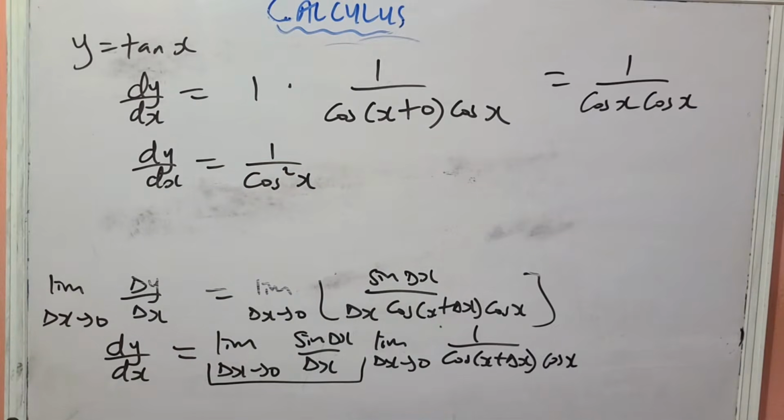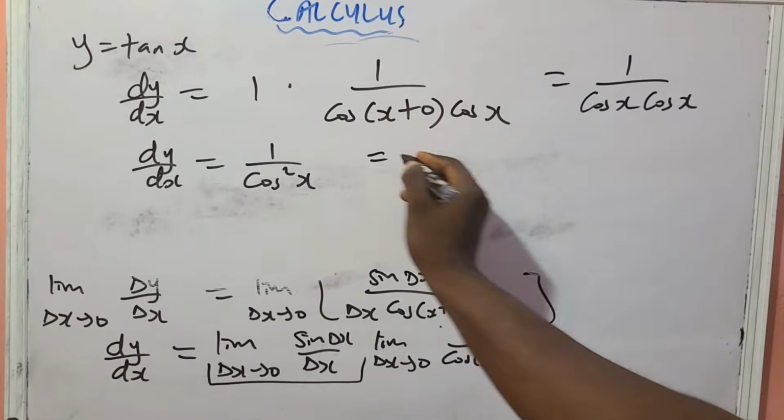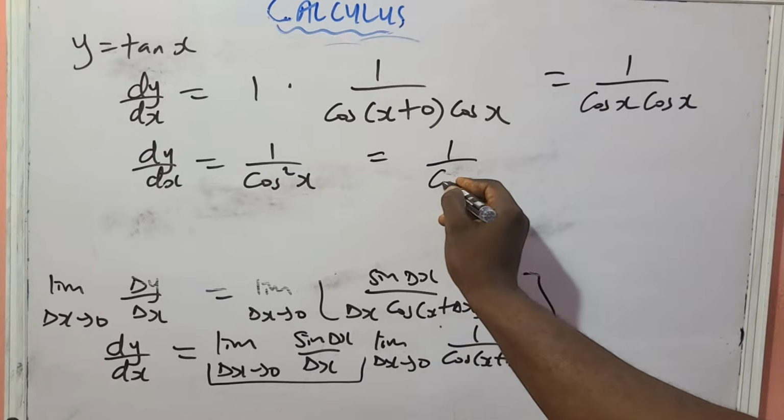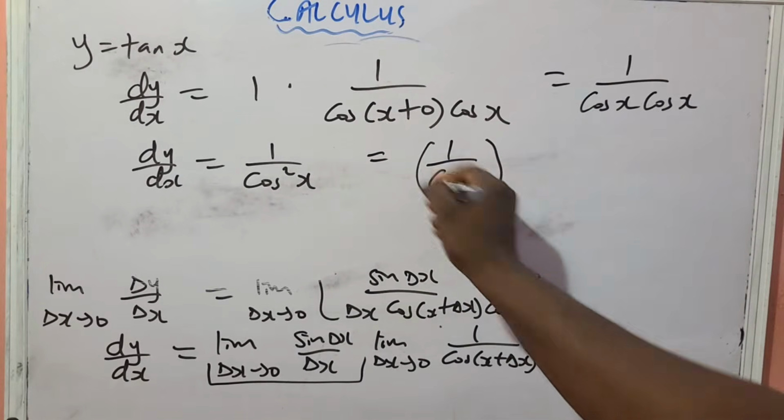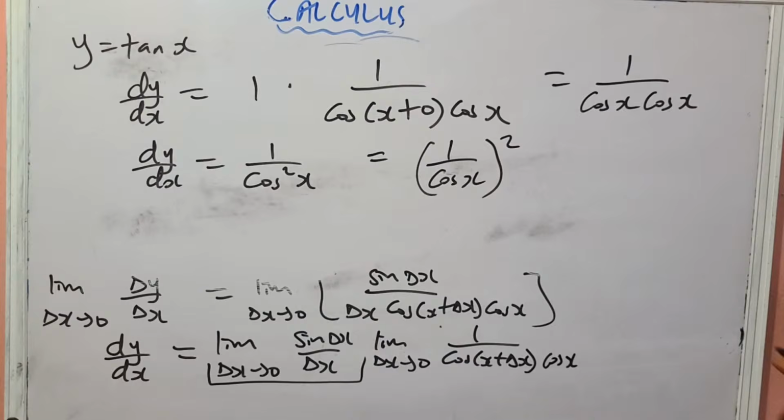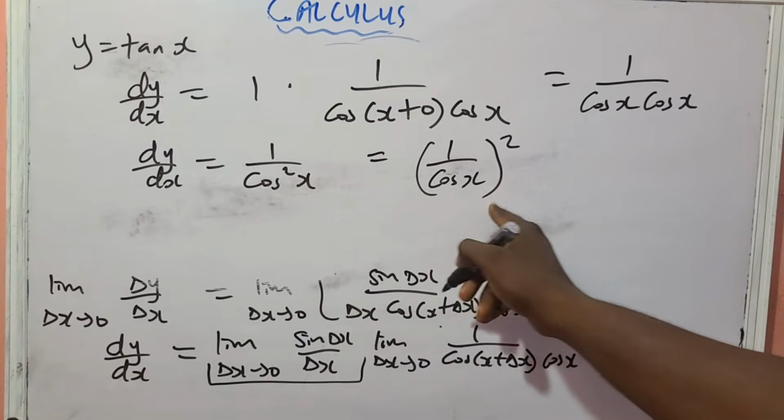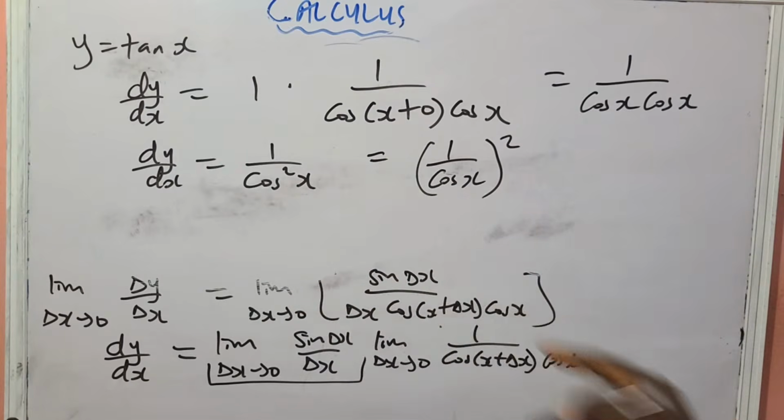Now look at what we're going to do. dy/dx equals 1 over cos square x. I'm sure you agree with me that I can write it like this, because they are the same thing. Once again, if you have issues with trig identities, you would really have issues with calculus.